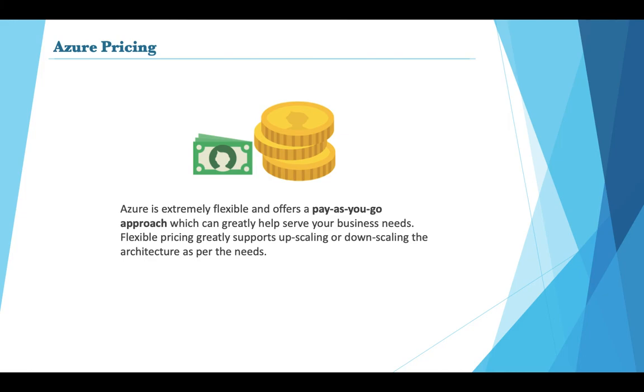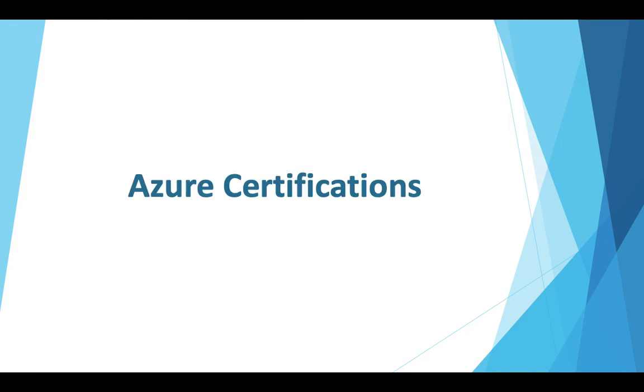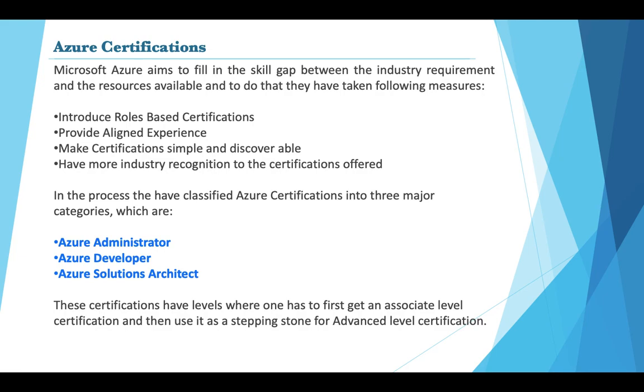Okay, so let's continue with the certifications you can get in Azure, as in Amazon Web Services we also have some certifications. First, some introduction about Azure certifications. Their aim is basically to fill the gap between the industry requirement and the resources available.